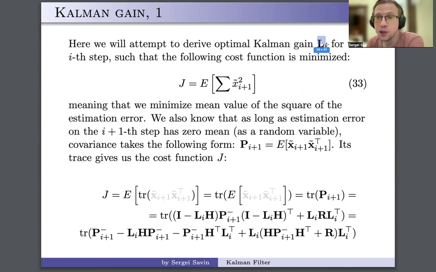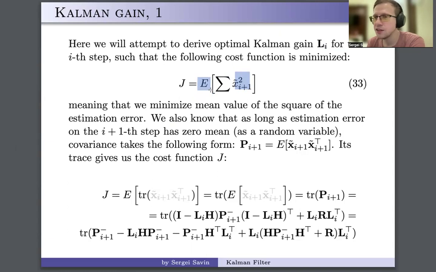Now we want to find optimal gain for the Kalman filter, such that we can minimize our observer error on the ith step. So notice what we have here. We have a sum of squares for the components of the error.